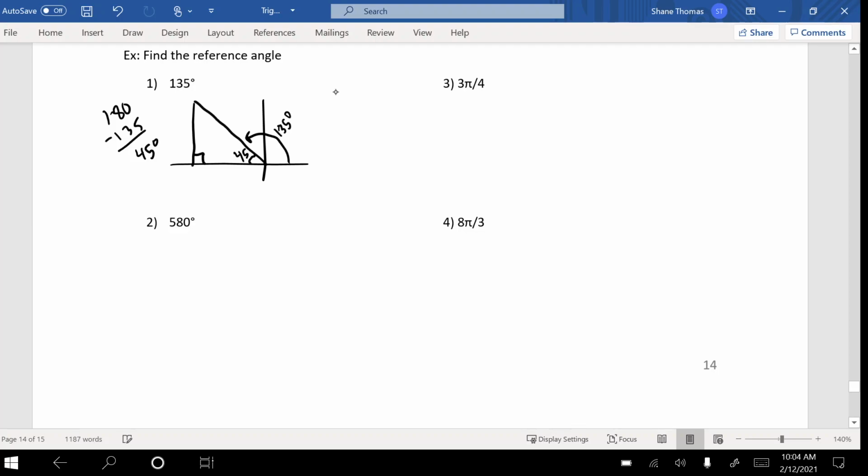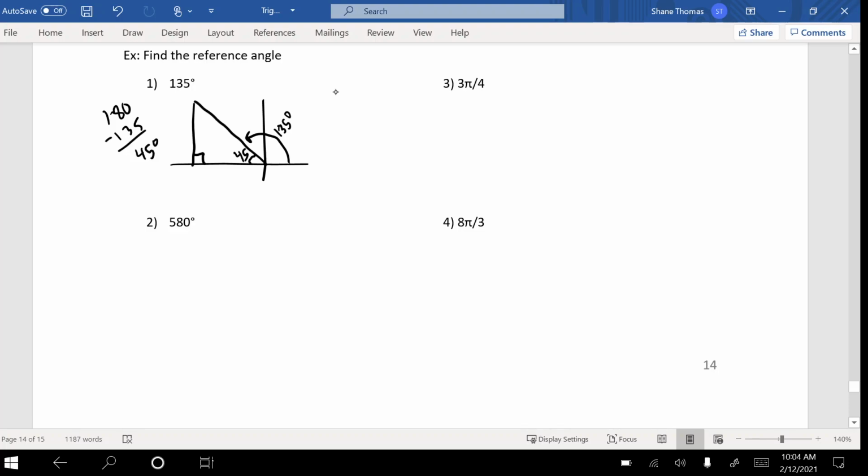Now from that, I can set up my 45-45-90 triangle to find my trig functions if I would need to. Right now we're just finding the reference angle. The big thing with this, I like to draw it so then I can see, do I have to subtract or do I have to add? You're going to have to make that decision a few times here.